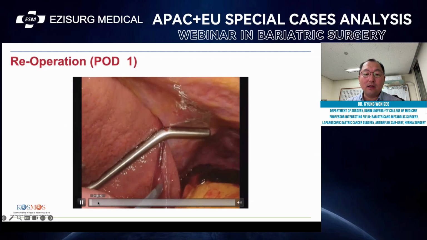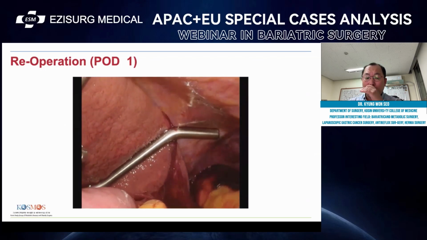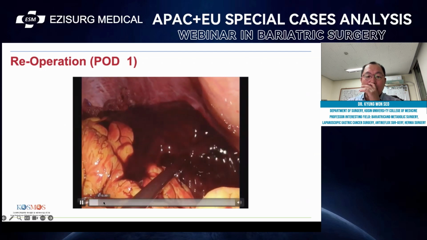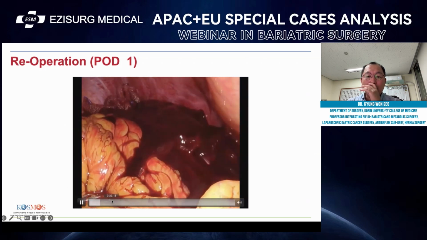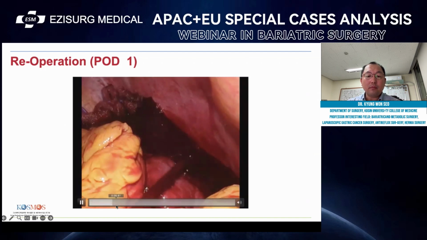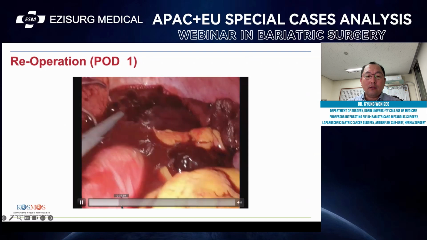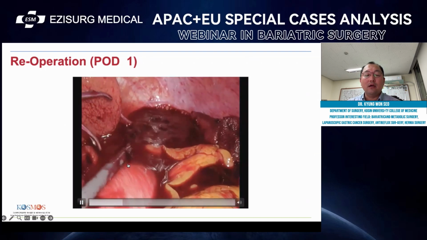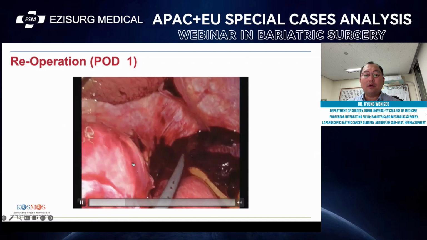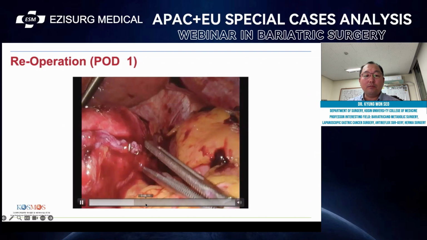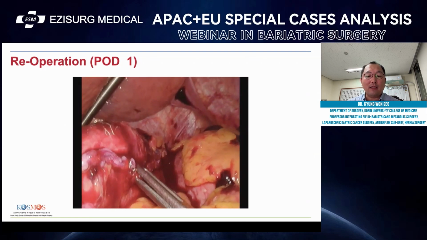We can see so much hematoma near the operation site, and we aspirate all of the hematoma in the abdomen, and we irrigate with saline, and we can clean up the abdomen with the bleeding site. And we can check the bleeding point of the staple line here.